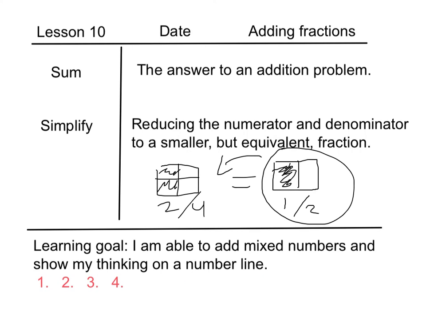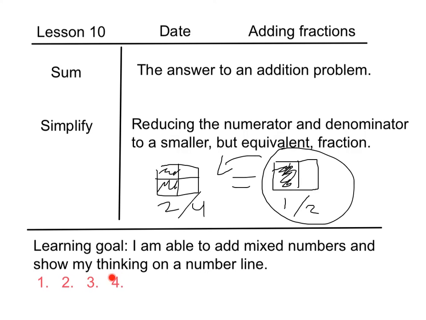That's another thing. So if you can't do either of those things, or you struggle, or maybe you understand part of it, but you consistently get an incorrect answer, you might be a 1. If you can add mixed numbers, but can't use a number line to do it, or you can use a number line, but you struggle with the fraction portion of it, you might be a 2. If you can do both, you're a 3.